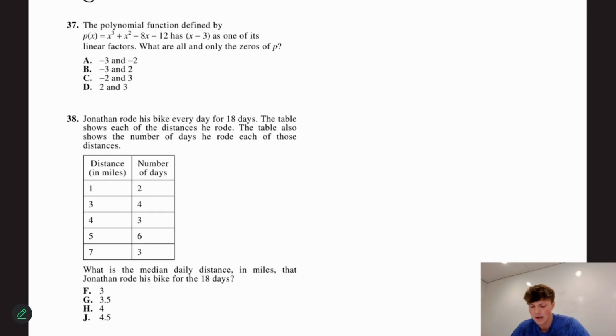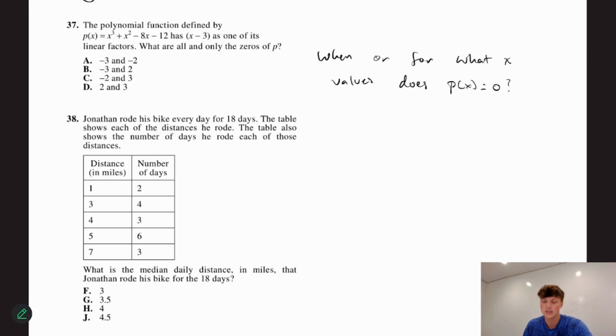What does that mean? It means for what x values does p of x equal 0. It's basically asking what values do I have to put into x so that p of x becomes 0.